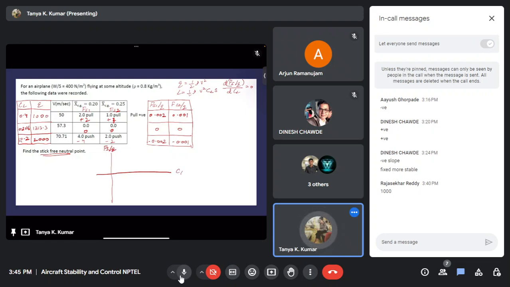So for CL of 0.4, what is Fs1 by q? 0.02. CL of 0.4 is 0.002 and for Fs2 it is 0.003.